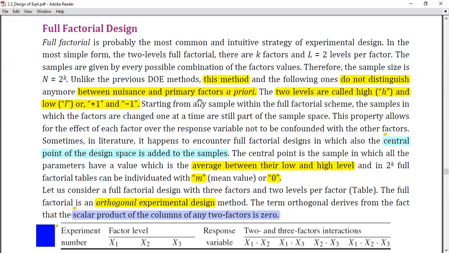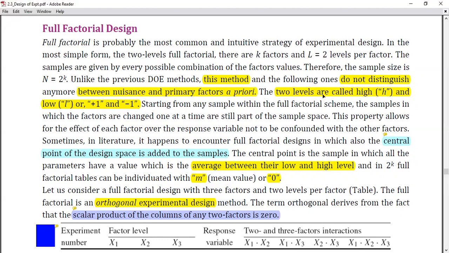When you consider a given number of factors, the advantage is that you can have n number of factors. You may have 10 factors, 15 factors, any number of factors, and each factor can have its own level. In this video lecture we are going to concentrate only on two level factorial design. Two level in the sense each factor is having two levels.